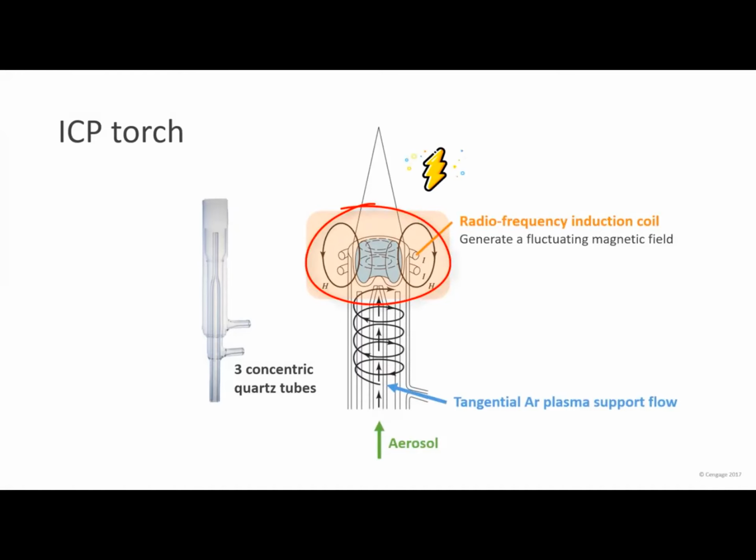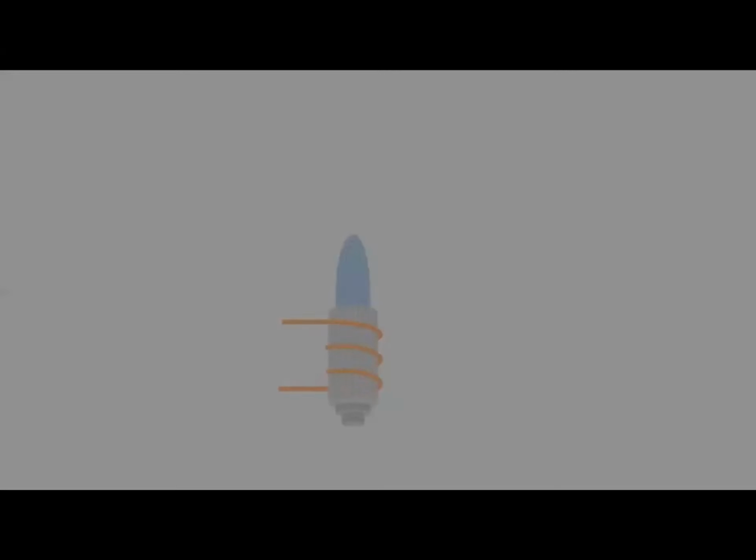This interaction causes the ions and the electrons within the coil to flow in closed annular paths as shown here. The resistance of the ions and electrons to this flow of charge causes ohmic heating of the plasma. So this is how ICP works.